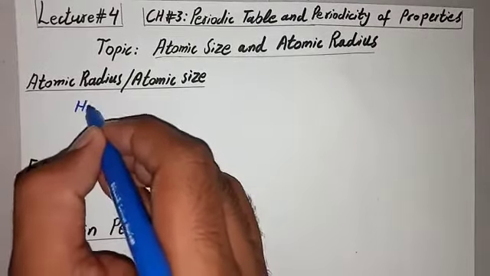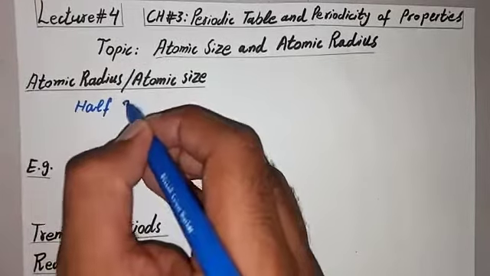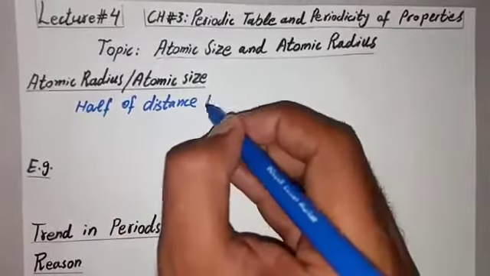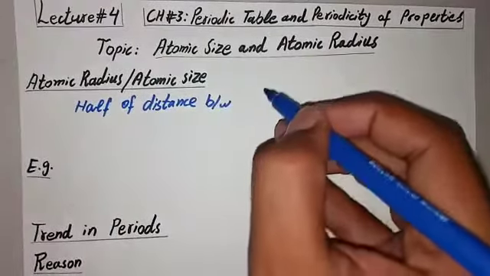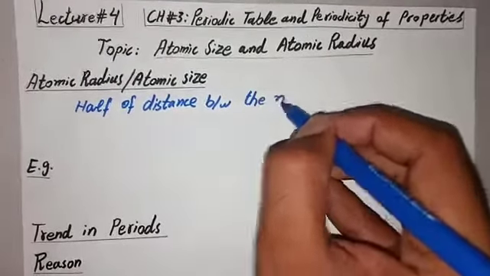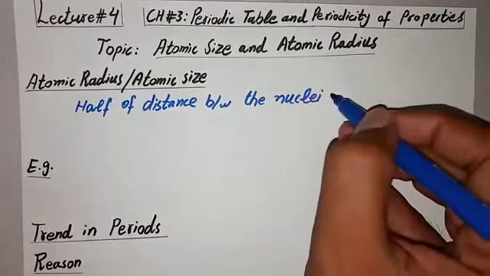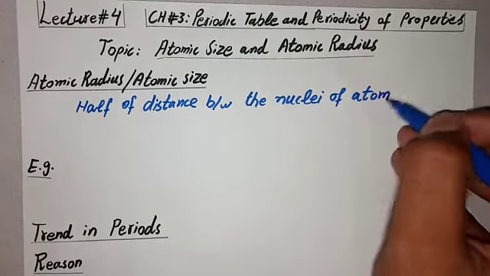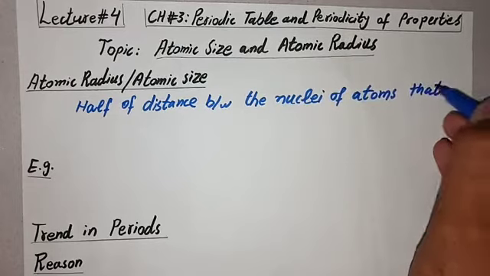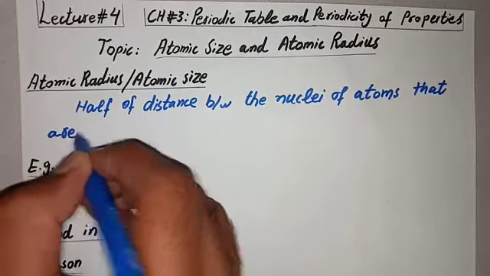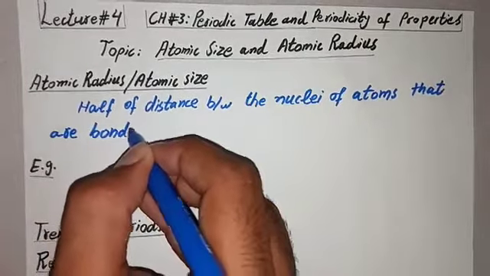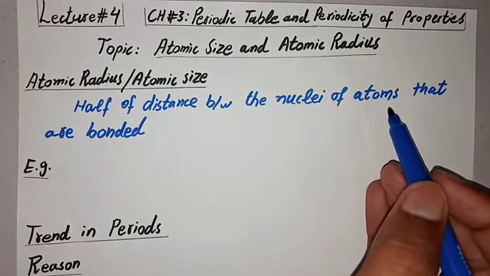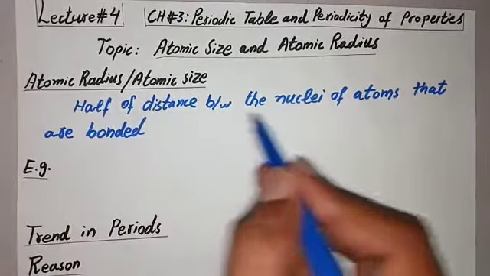We can say that it is half of the distance between the nuclei of atoms that are bonded. Meaning to say, if two or more atoms are bonded, then it is the half distance between their nuclei.